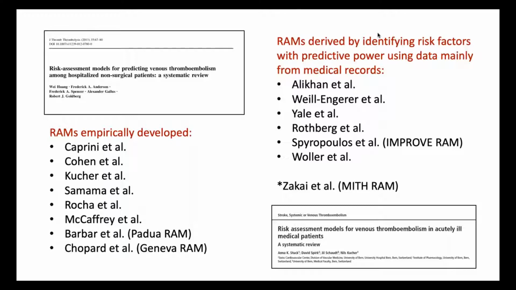However, the point system was not evidence-derived. The 7 other risk assessment models were evidence-derived by identifying risk factors with predictive power, using data mainly from medical records. The largely validated IMPROVE model and the Wooler model included a general medical population in comparison to the others that included more specialized groups of patients.